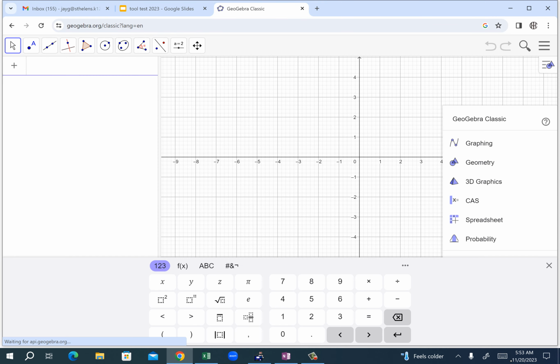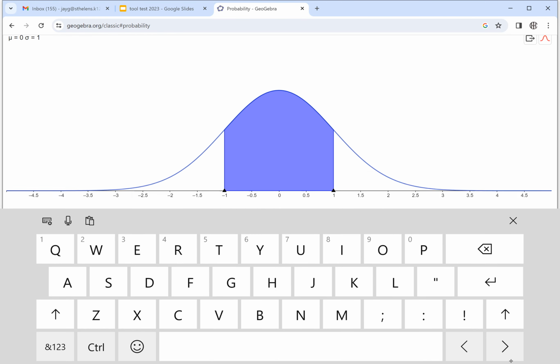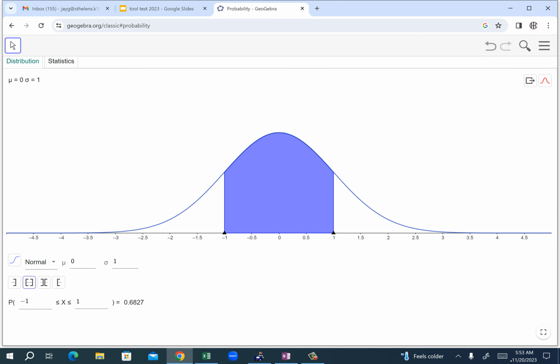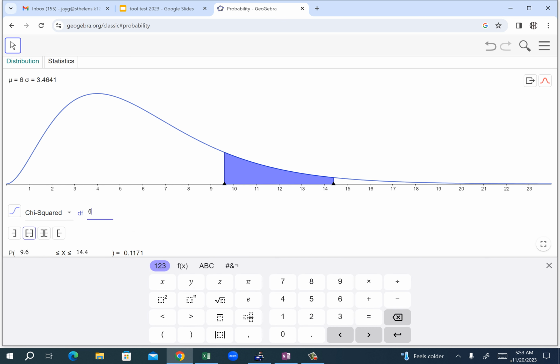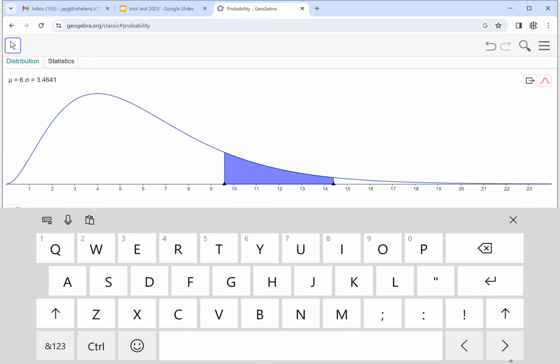The reason I do this is just because it's easy to get a quick visual on what it looks like. And you can actually change to chi-squared. As you can see, that's what it looks like. And now the degrees of freedom here are 6. Remember, degrees of freedom, just like with the t-distribution.